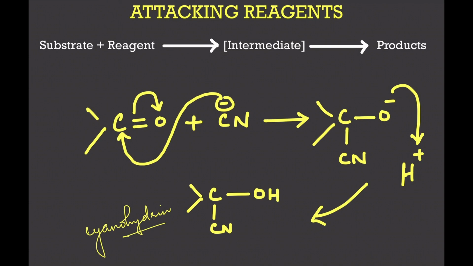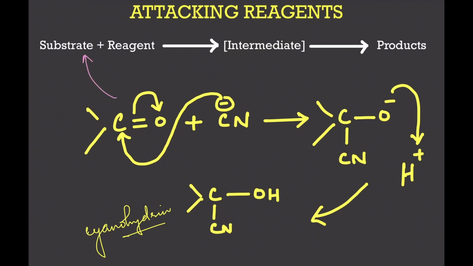Now, if we watch this reaction closely, we will find that this was the main compound on which the attack was taking place. And who was attacking or what was attacking? The species that was attacking the electron deficient center of the substrate was the cyanide ion. So in this regard, this carbonyl compound will be regarded as the substrate.